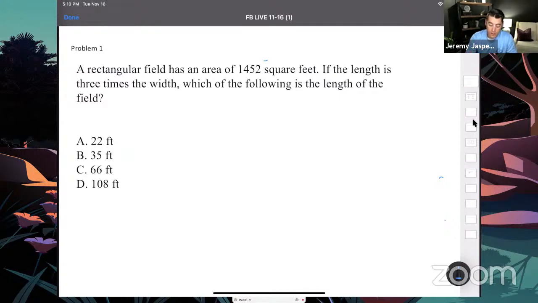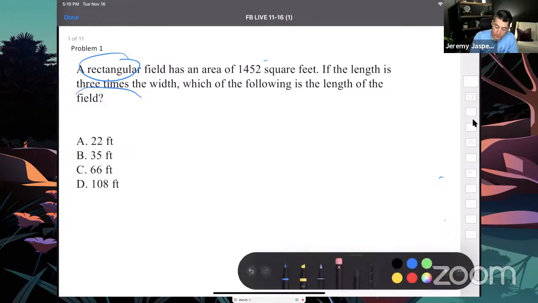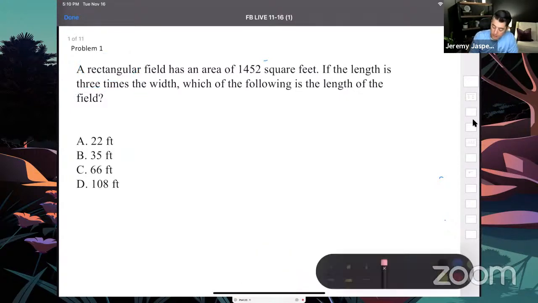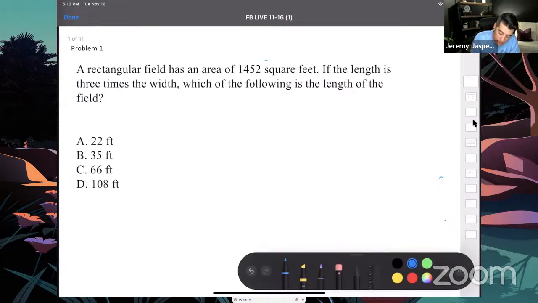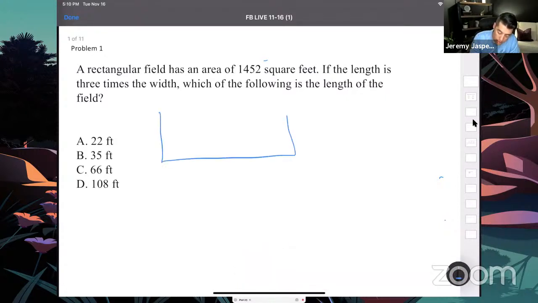A couple of things, and this is how they write these: a rectangular field, rectangle. You have to know the properties of a rectangle. Square feet, that means we're going to have to deal with area, and our lengths are kind of arbitrary lengths, 3 times the width. So what we want to do first, anytime we're dealing with these visual types of problems, I want to go ahead and I want to give you my rectangle.